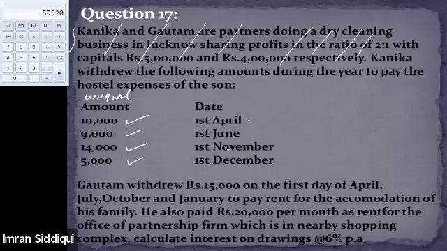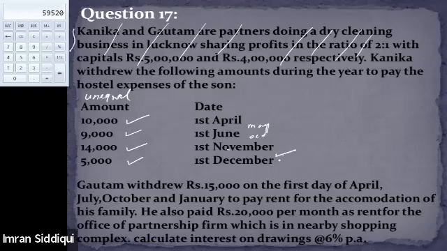Firstly, she withdrew on 1st of April, then June, then November, then December. Only the dates are the same, but there are unusual gaps. April, May, June. So there is a 1 month gap in this drawing, and then June, October, and then November. Then after November, the next drawing was made in December.